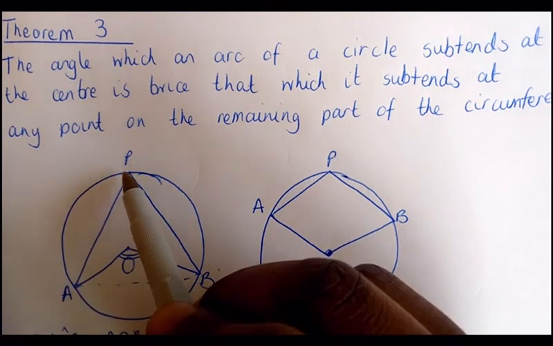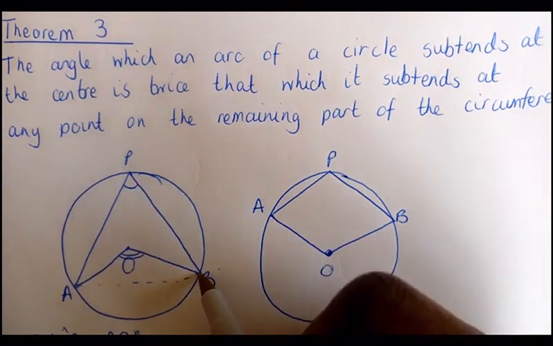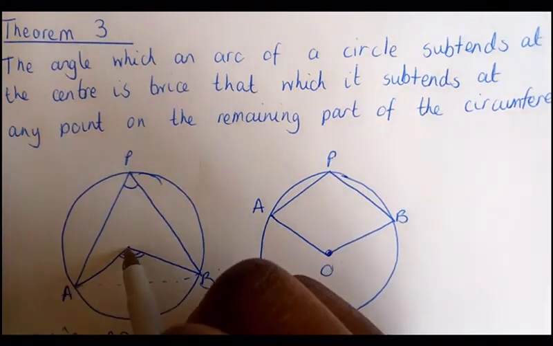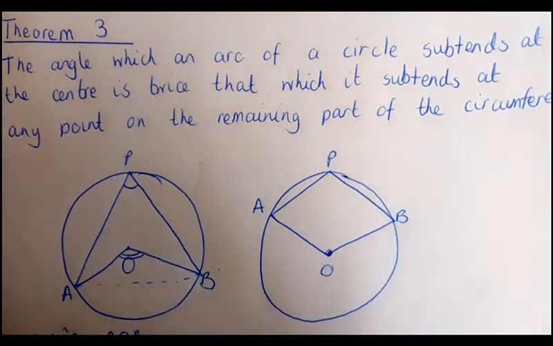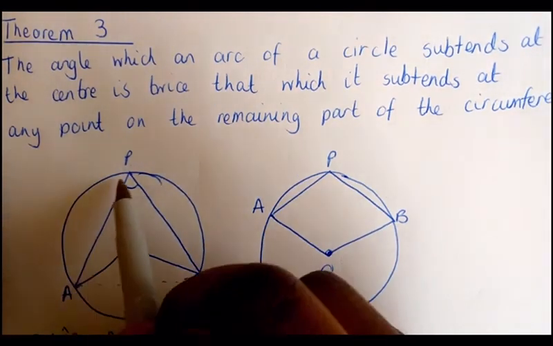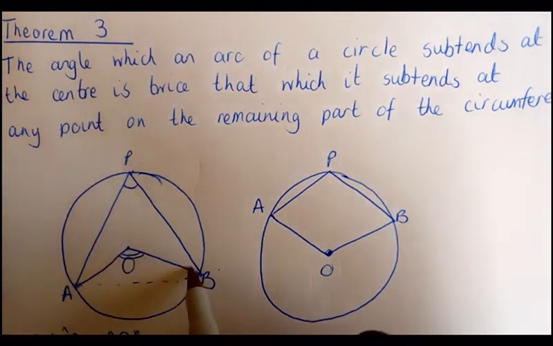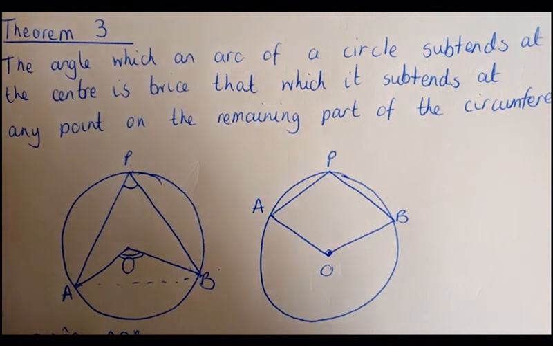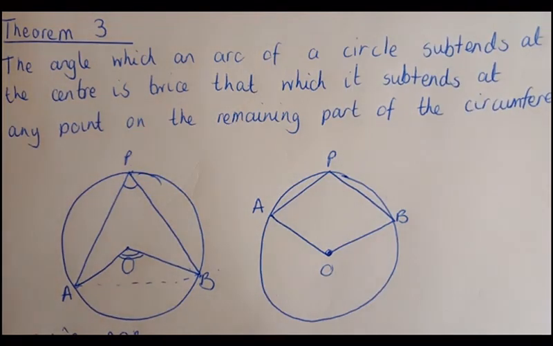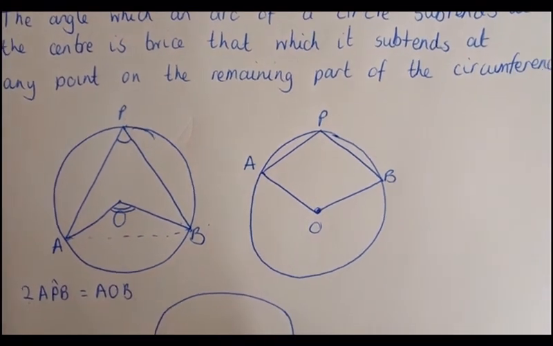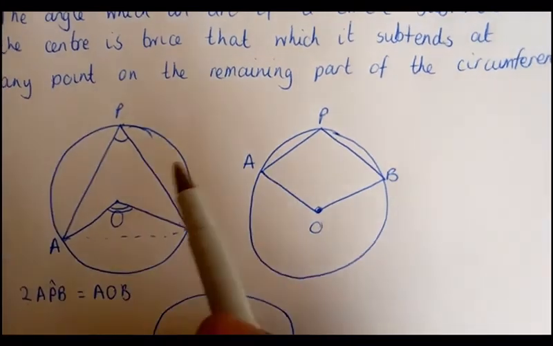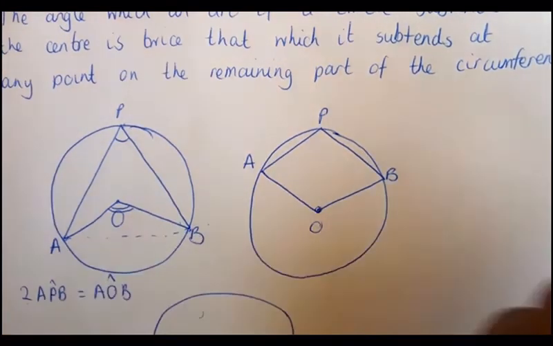This angle subtended on the circumference is half of this angle subtended at the center. So the angle AOB is equal to twice the angle APB, which can be written as 2APB is equal to AOB.